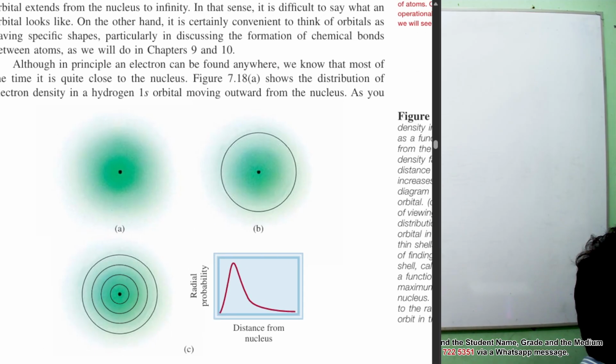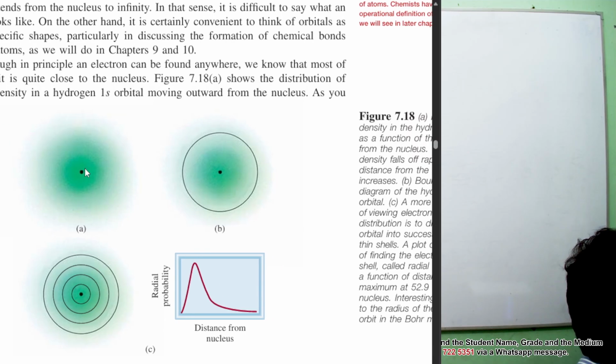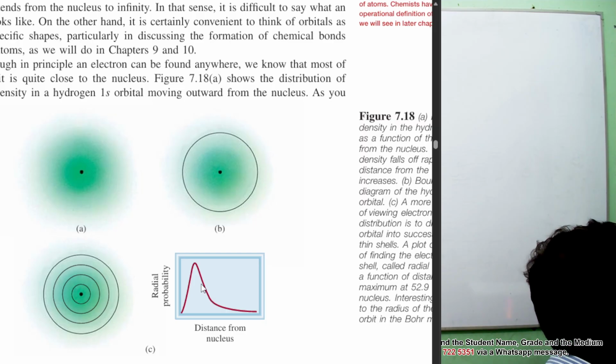Here it explains the same thing. The darker part means higher electron density, and the lighter part means lower electron density. Electron density means the probable places, the probable area where you can find the electron. So here we have distance from the nucleus.